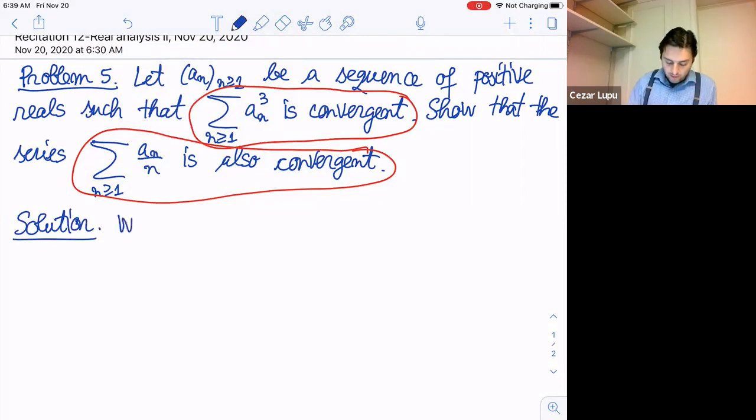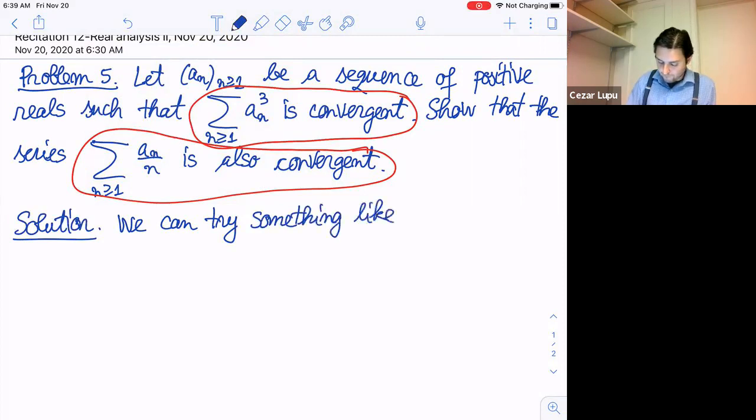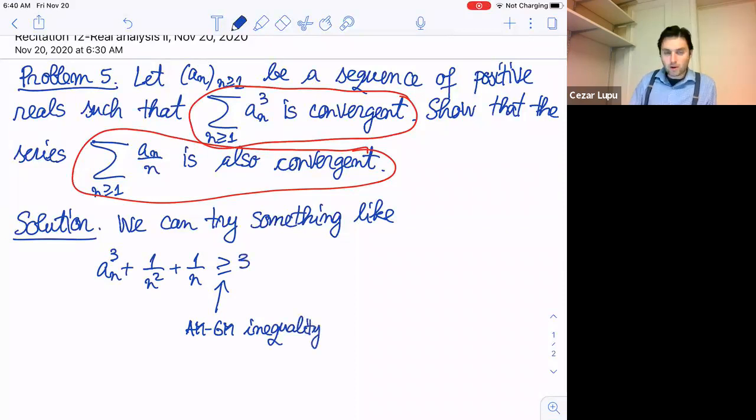So we can try a_n cubed plus 1 over n squared plus 1 over n. And by, again, the AM-GM inequality, it follows that this is greater or equal than 3 a_n over n.